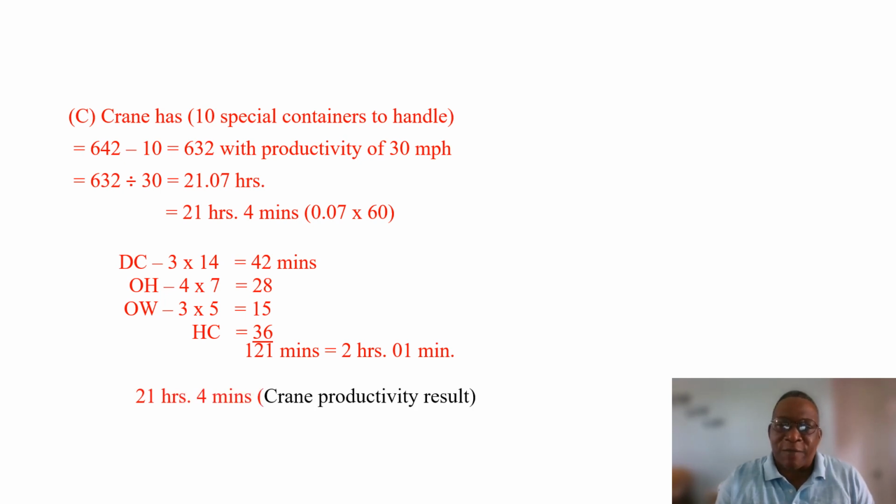Now, the crane productivity that we got was 21 hours and 4 minutes, and we are going to add now the special container handling time, which is 2 hours and 1 minute.